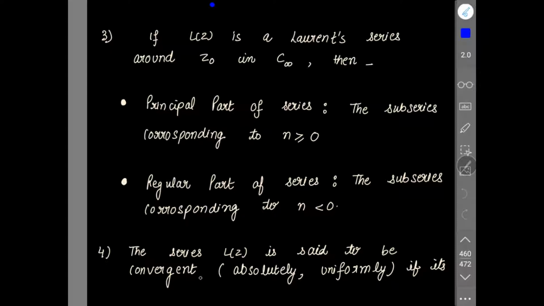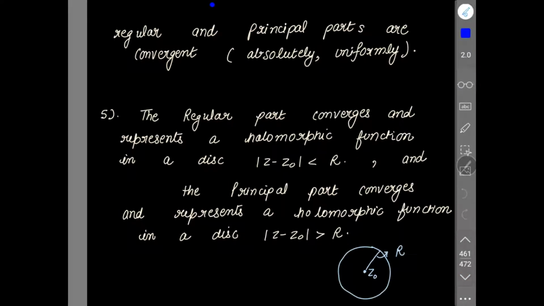Fourth, the series L(z) is said to be convergent absolutely uniformly if its regular and principal parts converge absolutely uniformly. Right? Fifth, the regular part converges and represents a holomorphic function in a disk |z minus z0| less than r.